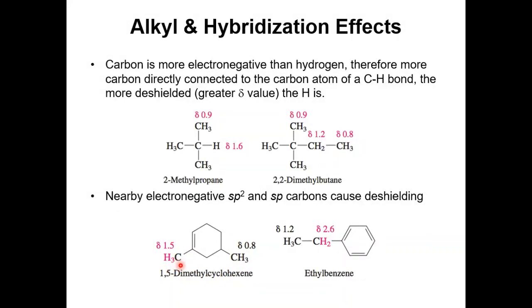Because those 3 methyl protons are bonded to an sp2 hybridized carbon. And as I argued earlier this semester, and quite a few times last semester, if you were with me, sp2 hybridized carbon is somewhat more electronegative than sp3 hybridized carbon.